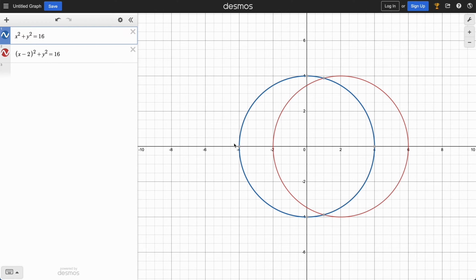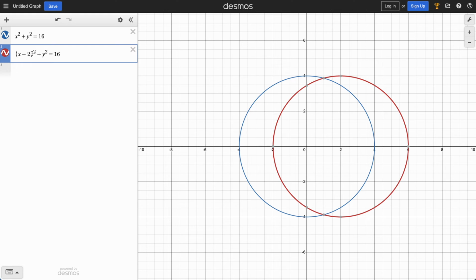And if you look at what I did in the red circle, it's been shifted. So instead of the circle being at -4, it's now at -2. And so if I look at the distance between there, -4 is 2 units away from -2. And I moved it 2 units to the right-hand side.